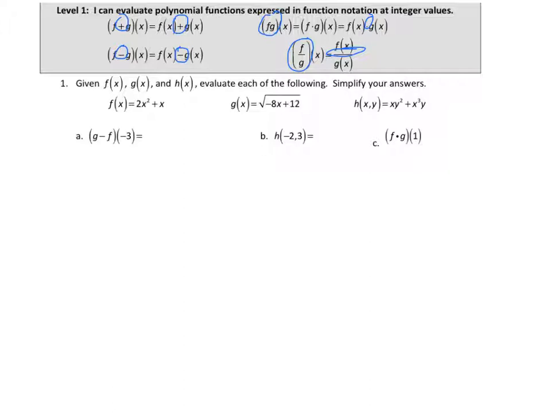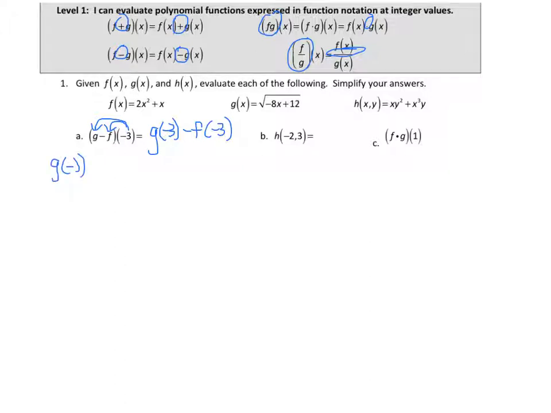If we look at part A, g minus f of -3, that means we're plugging -3 into both f and g. So this actually means g of -3 minus f of -3. I'm plugging that same number into both g and f. So first I'm going to evaluate g of -3.